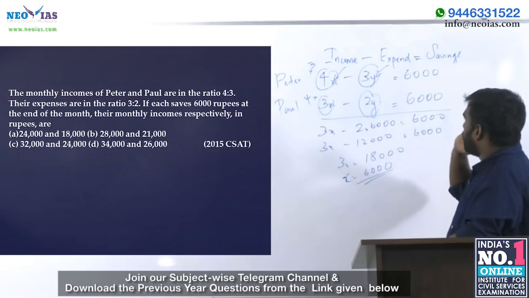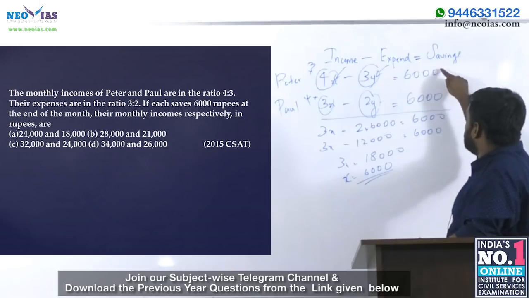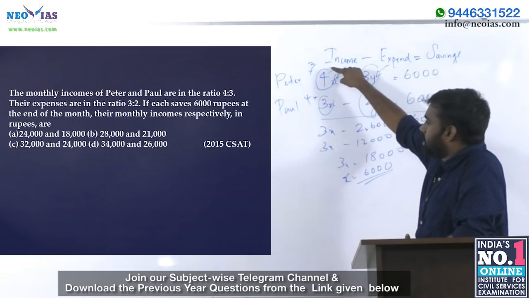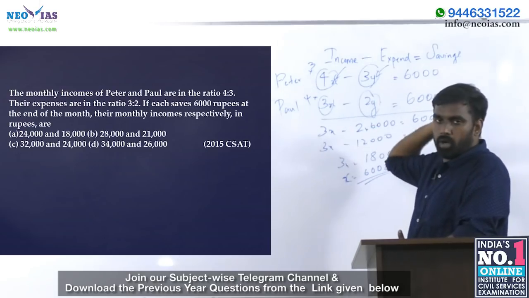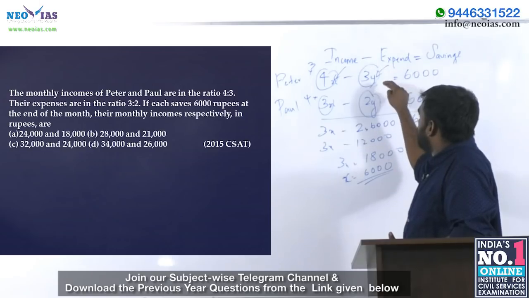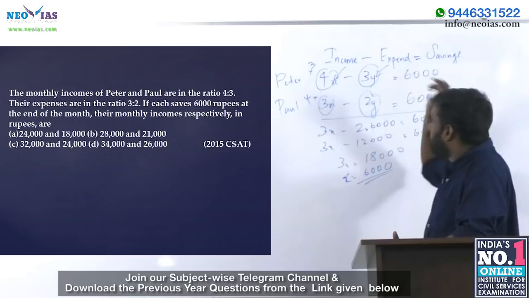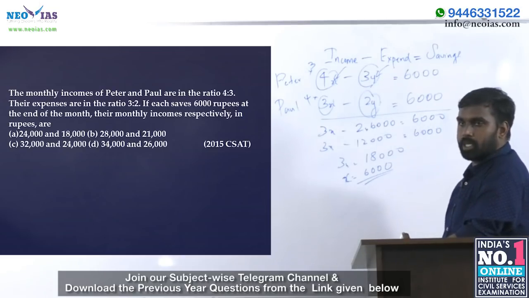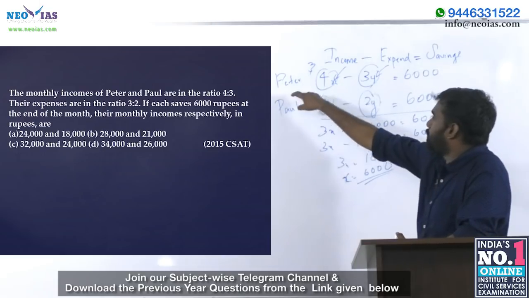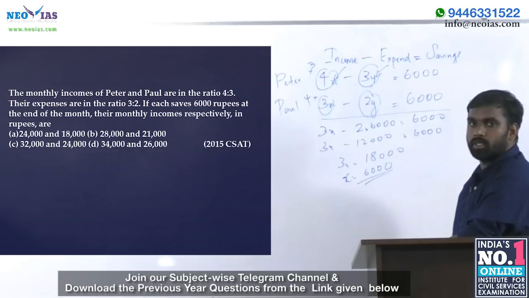Those are the incomes of Peter and Paul. I hope all are clear. We just applied the concept of income minus expenditure equals savings. Both savings are given. We assume 4x and 3x are the incomes of Peter and Paul, because they should be in the ratio 4:3, and 3y and 2y are their expenditures, 3:2. So, 4x minus 3y is the savings of Peter, and 3x minus 2y is the savings of Paul.